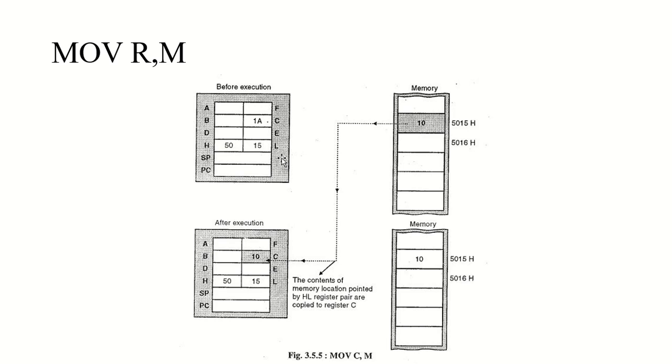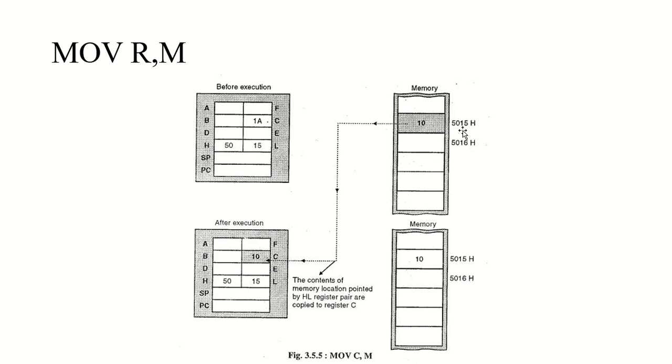For example, let's take the instruction MOV C, M as indicated here, which means the content of the HL register pair, which you can see here is 5015 again, and 1A stored in the C one more time. What memory location is it indicating? Now it should be clear, it is indicating 5015.